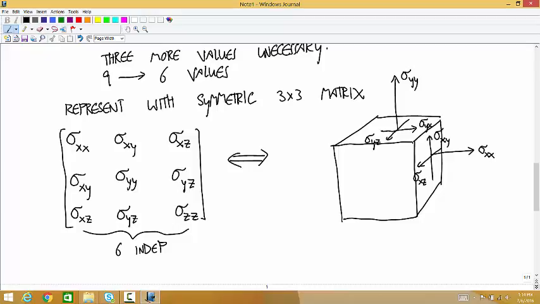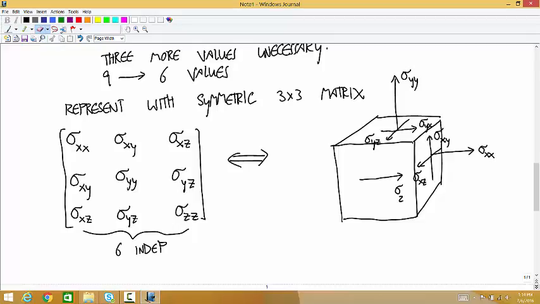So the first subscript refers to the face that it's on, and the second subscript refers to the component direction. And then on the third face, on the z face, there's the component in the x direction. What's the name of that element? Yep. Yeah. I guess I did.